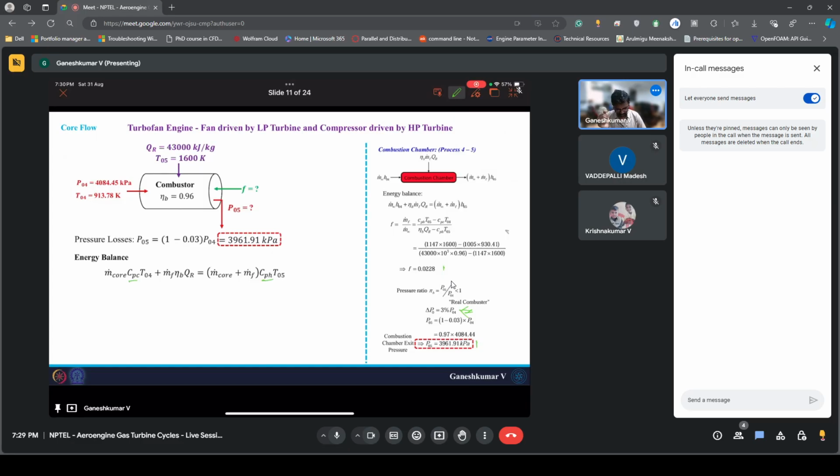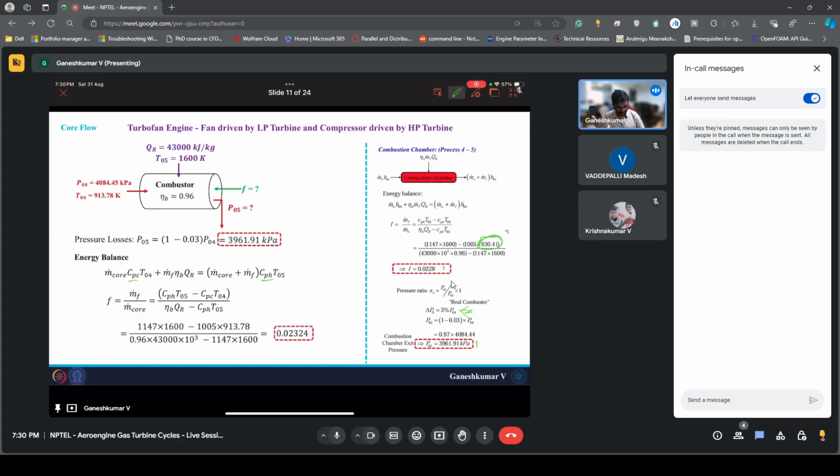Okay. Now, if you rearrange this, you will get the fuel air ratio equation, which is similar to whatever we saw here. Both are same, and if you substitute all these numbers, the only thing is here you have 930.41, but here you will have 913.78, and this will cause an increase in fuel consumption.